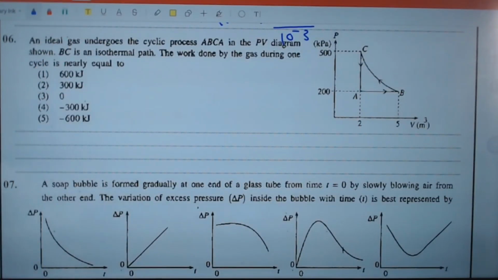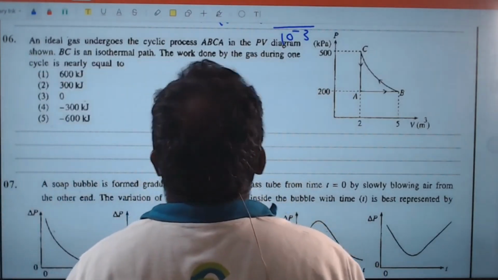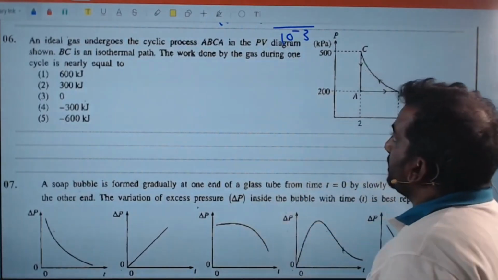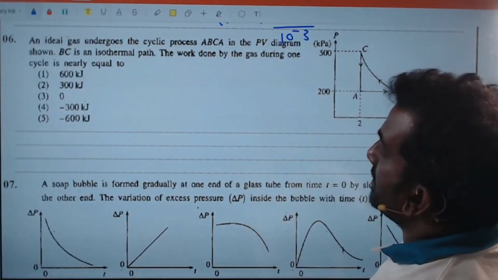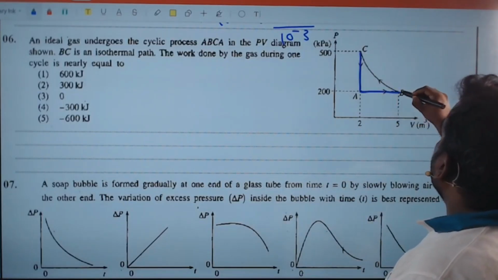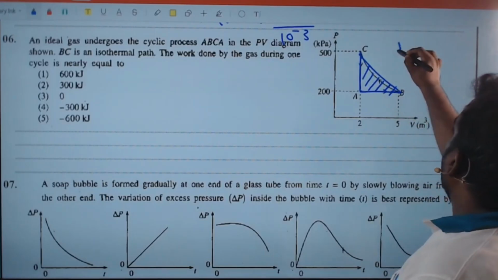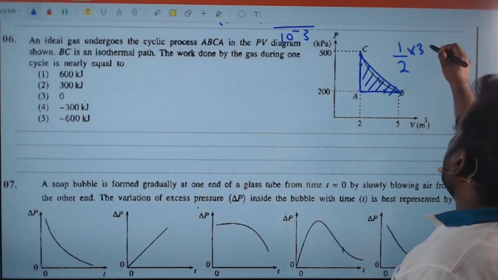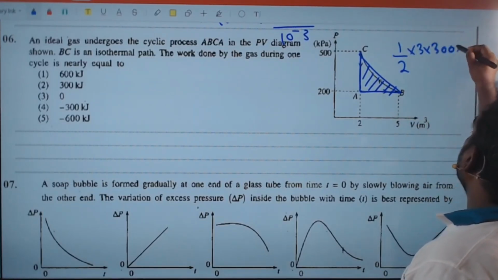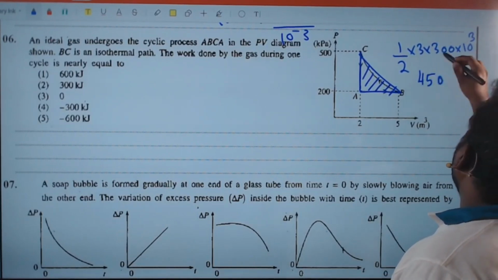Ideal gas undergoes cyclic process ABCA. BC is isothermal path. Work done by the gas during one cycle is nearly equal to? So this is an anti-clockwise cycle. Let's take a triangle. Half base into height, 450 kilojoules.